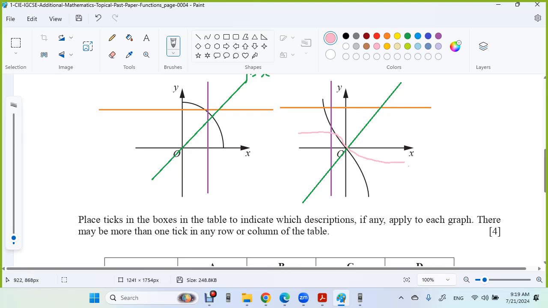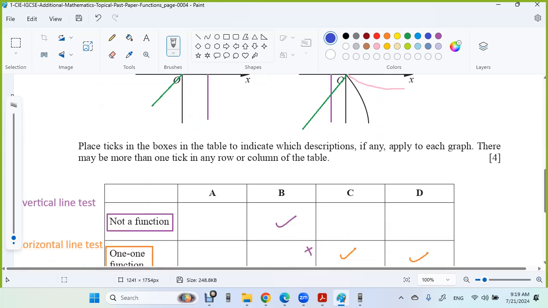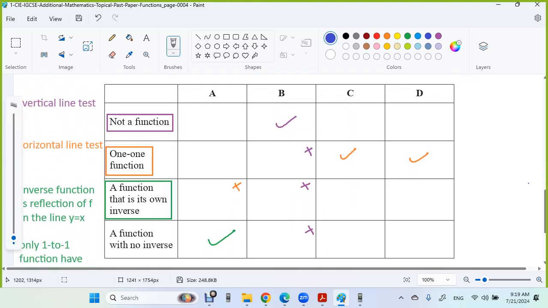So this is reflected to this. Yes. So this one will be here, and then the vertical line touches 1 point, and the horizontal line also touches 1 point.